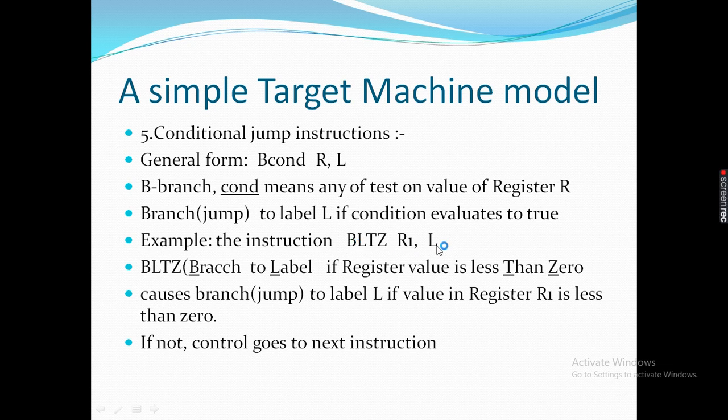Branch to label L if the value of register R1 is less than 0. This instruction causes a jump to label L if the value in register R1 is less than 0. If not, control goes to the next instruction that follows this particular instruction.